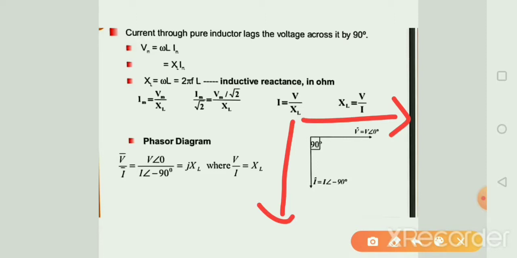And if we make the phasor diagram for it, the voltage is the reference and the current lags. I take the current in the anti-clockwise direction. So the current lags the voltage by 90 degrees.